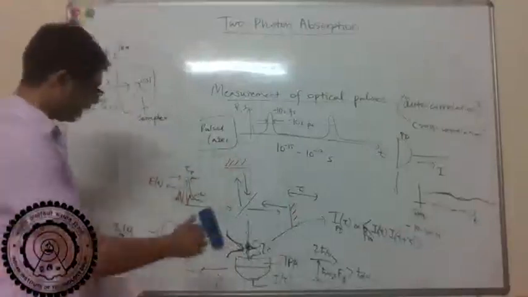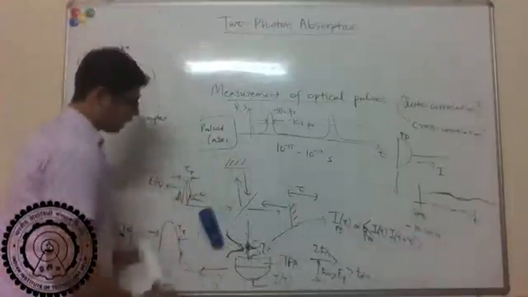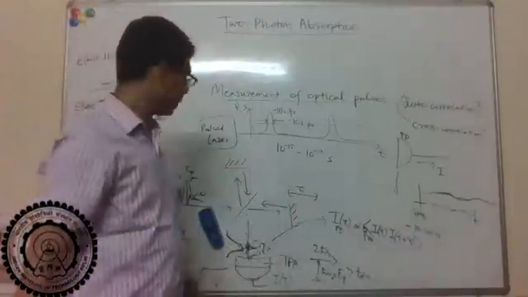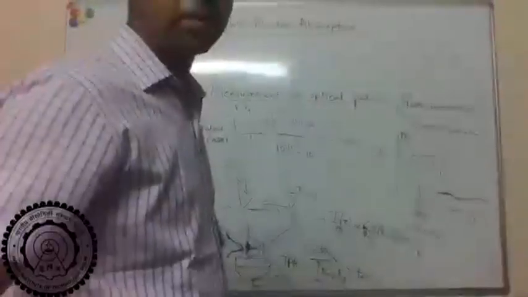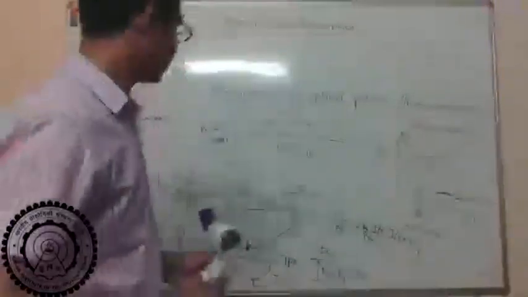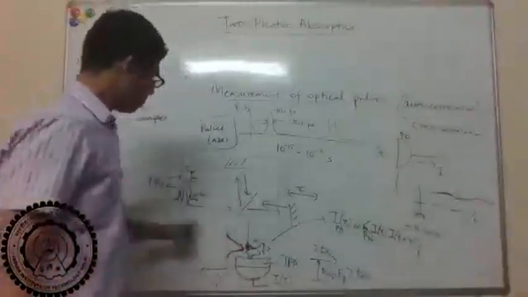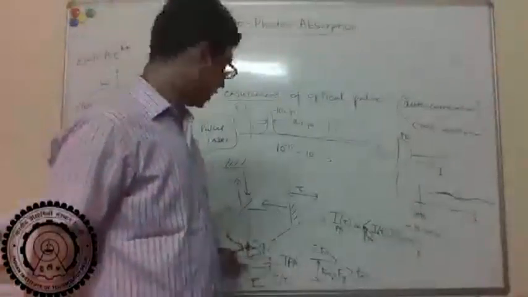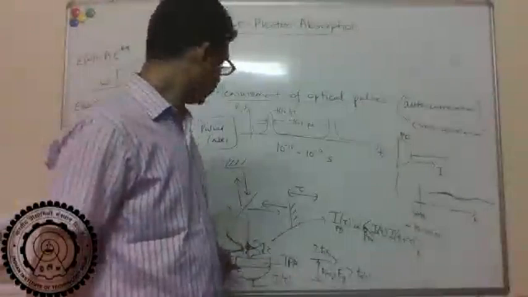Right? So notice that now at each delay point, I'm actually measuring for a long time, right? I'm measuring multiple pulses and taking the average current out. Right, so the photodetector itself, the response time is very slow, right?